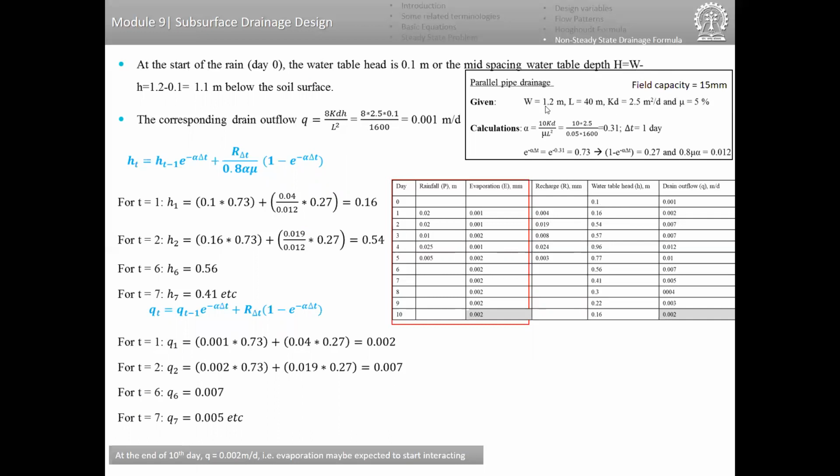That is 1.2, this value is given to us, minus the initial water table head 0.1, that is 1.1 meter below the soil surface. So the water table depth initially is 1.1 meter below the soil surface when the water table head was 0.